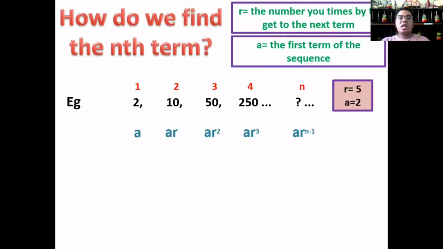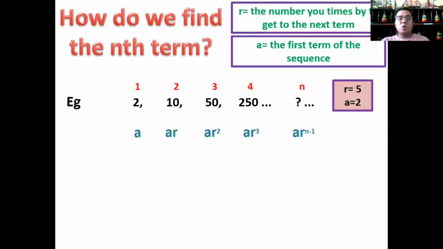So that is a r times r, which becomes a r squared. To get my fourth term, I multiply the third term by r again. So that is a r squared times r, which becomes a r to the power of 3.